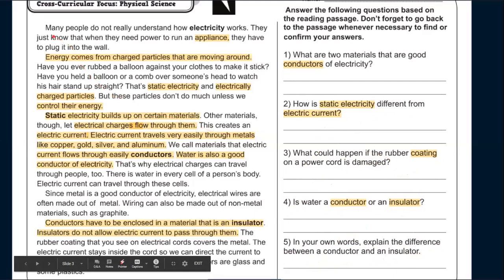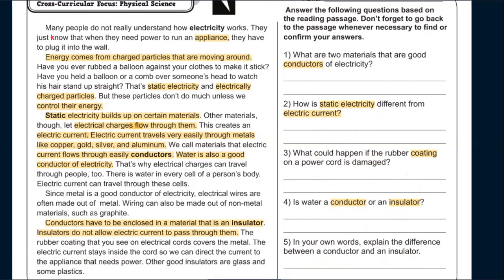Okay, so let's go back up here. The name of the article, it's cut off, but you'll see it on your copy, is called Charge It, and its cross-curricular focus is physical science. Many people do not really understand how electricity works. They just know that when they need power to run an appliance, they have to plug it into the wall. Energy comes from charged particles that are moving around.